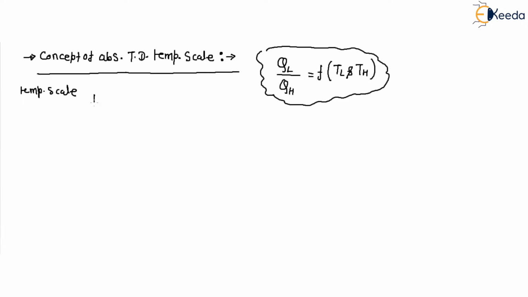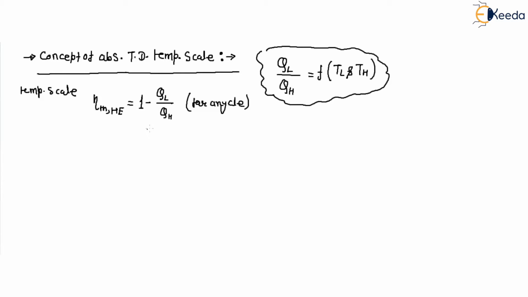We know that the thermal efficiency of any heat engine is equal to 1 minus QL by QH. This is for any cycle.